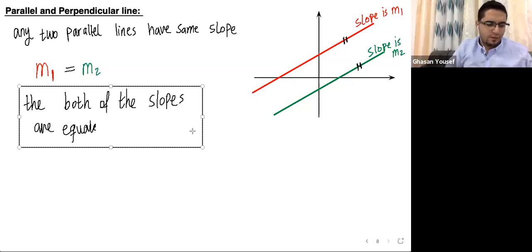Okay, so now, what about if both of the lines are perpendicular? What if both of the lines are perpendicular?